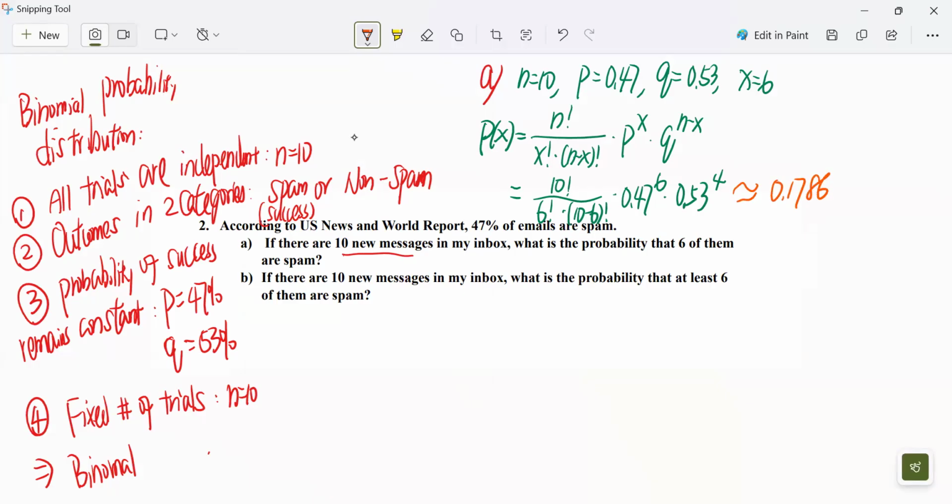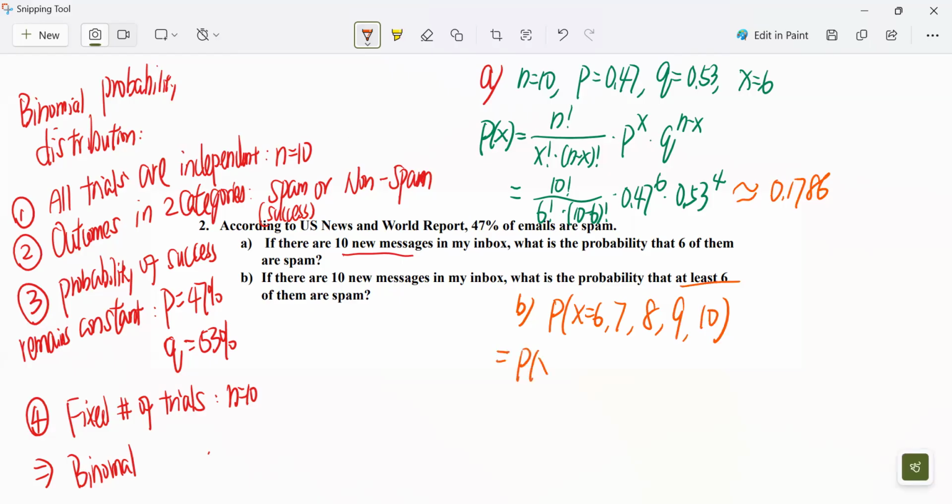So that's part A. For part B, we are looking at the same context, at least 6. So we need to do P of X equal to 6, 7, 8, 9, and 10. We're going to combine all of these.